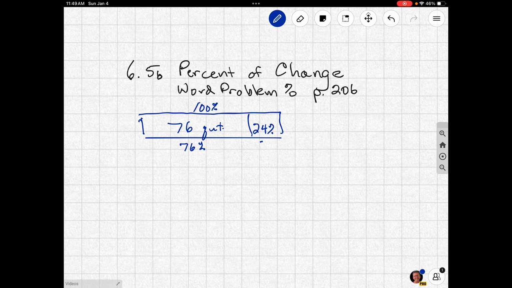So this is pretty easy. If 76% is 76 quarts, then 100%, the whole thing, would be 100 quarts. Because we just have to add that 24 quarts back on to the 76, and every percent is 1 quart. So if you did a bunch of work on that one, it was actually really easy.